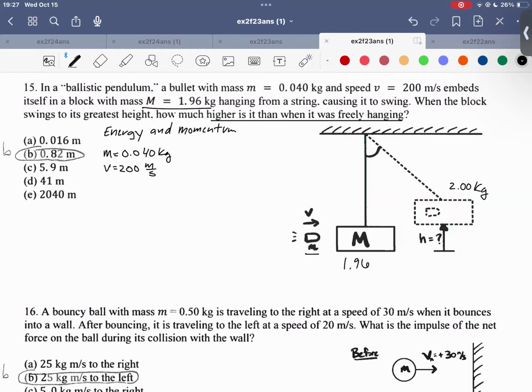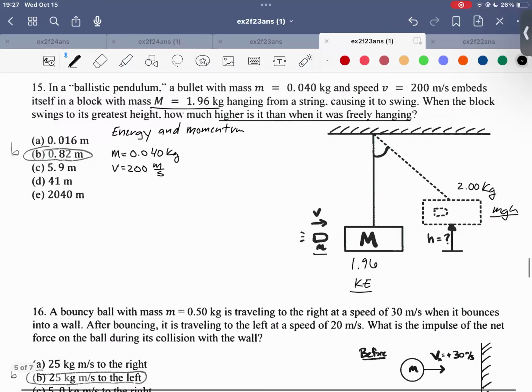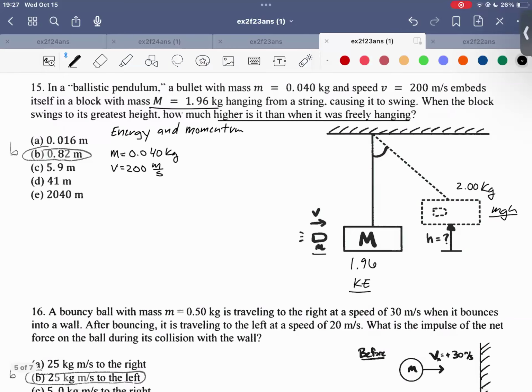The question is how much higher is it when it's freely hanging? And so to calculate this, we're going to find the kinetic energy of the system at the bottom and what it converts to as potential energy at the top of this swing. So to solve for the kinetic energy, we have to use momentum.